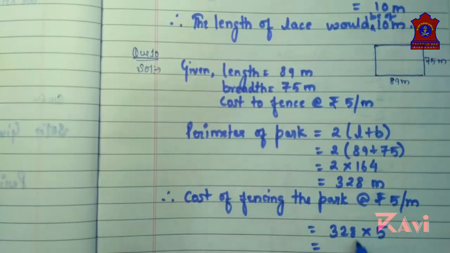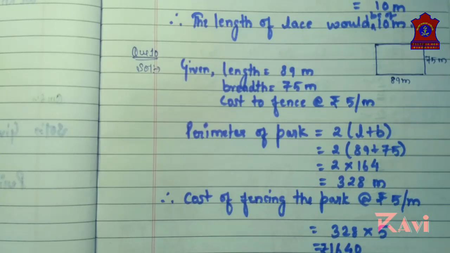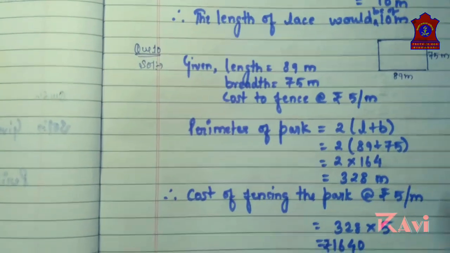So 5 8s are 40, 4 there, 5 2s are 10, and 4 is 14. 1 goes here. 5 3s are 15 plus 1 is 16. So 1640 rupees. Let's multiply it once again. 5 8s are 40, 4 there, 5 2s are 10, and 4 is 14. 1 goes here. 5 3s are 15, 16. So 1640.